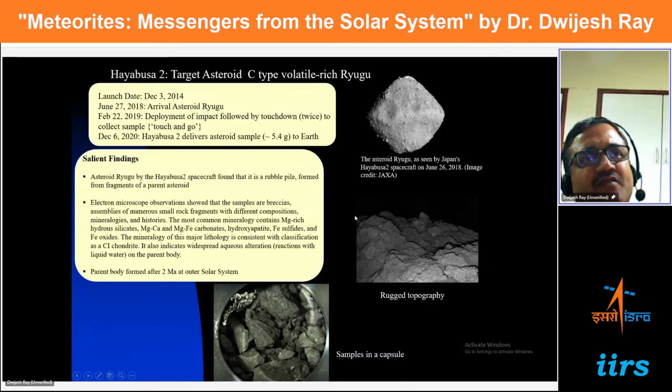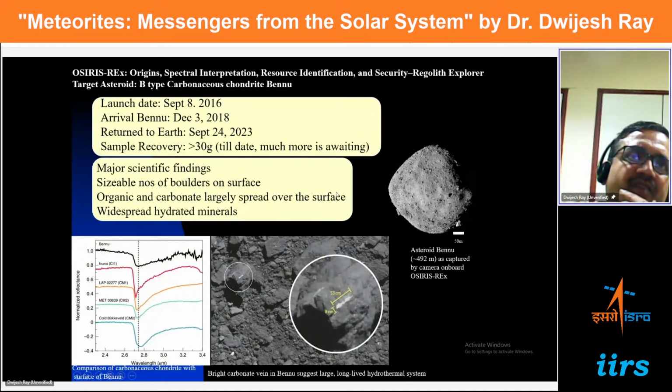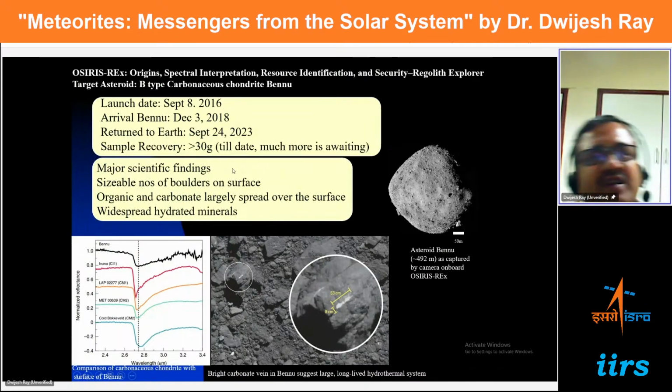And the latest one is Bennu, the OSIRIS-REx mission, conducted by NASA. Here the recovery is very high, they claim more than 30 grams. The asteroid is a B-type asteroid, and there are many major findings.